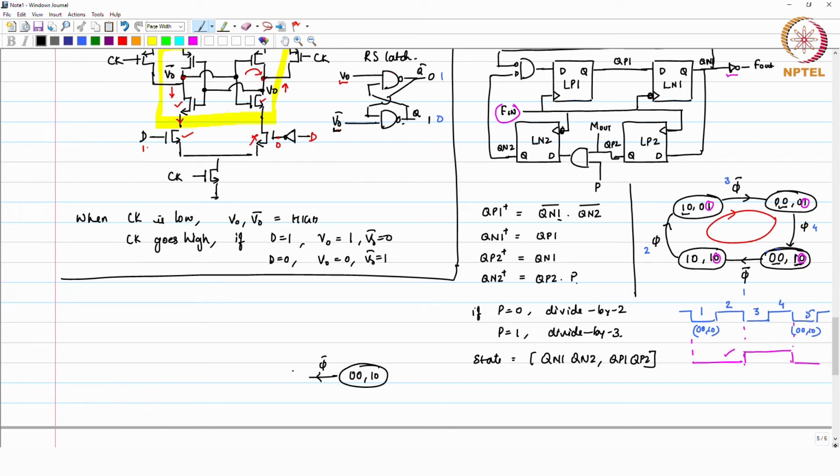When you get the falling edge on the clock, only Qn2 and Qn1 change. So, Qp1 and Qp2 will not change. Okay. So, Qn1 remains 1 0, Qn1 plus is Qp1 which is 1, and Qn2 plus is Qp2 times P. Here P is 1 for divide by 3.